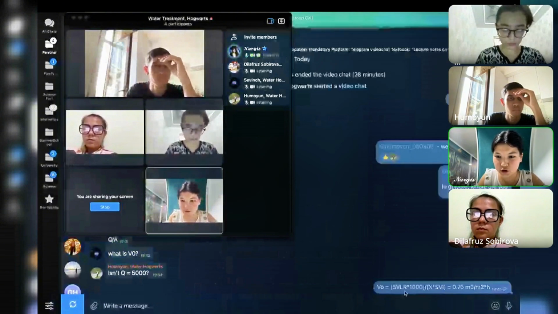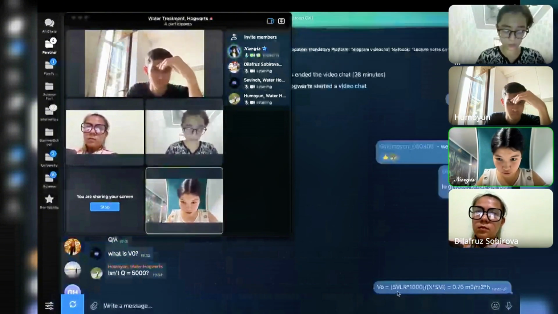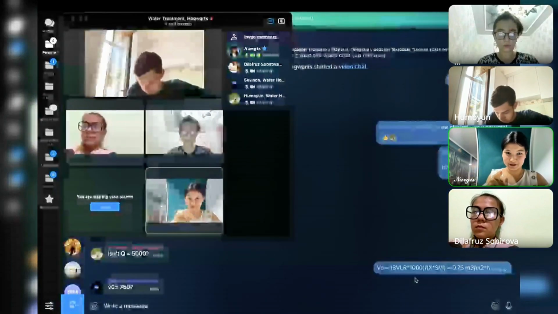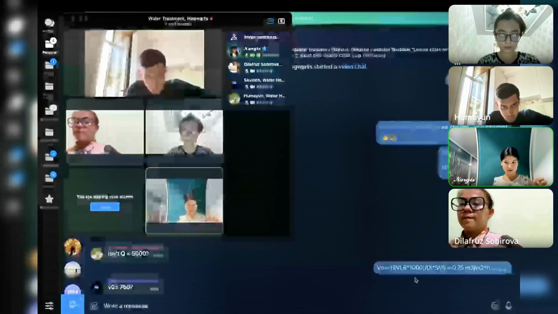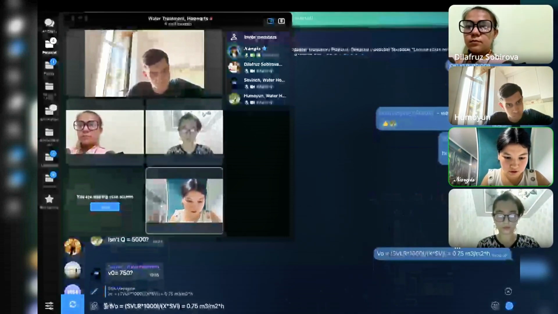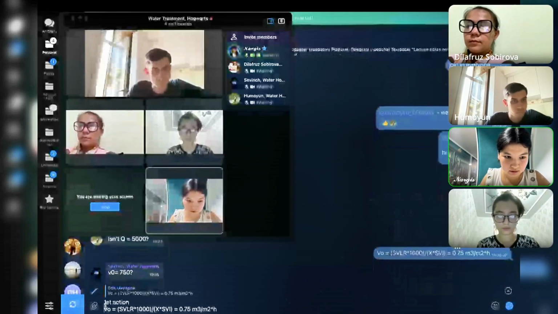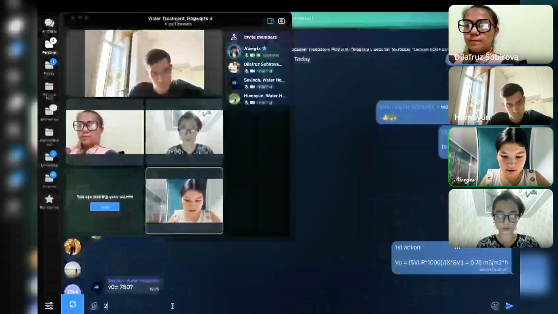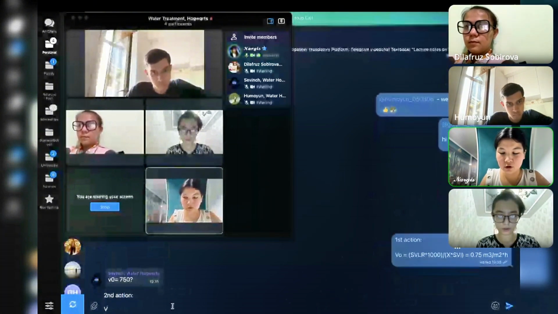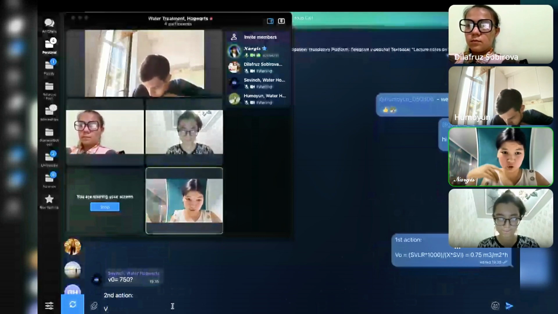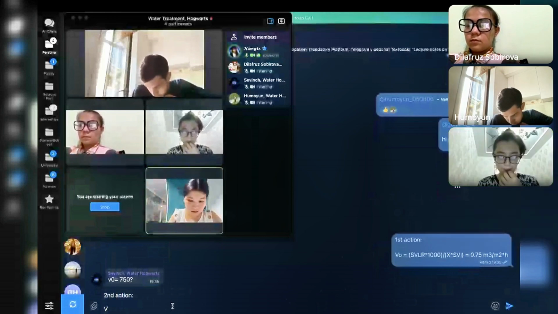The first thing you do is find V0 by this formula. 0.75, not 750. So that is the first action. Then the second action is to convert V0 from hours to days, because your flow rate is in days.